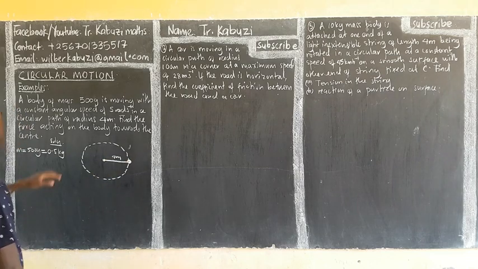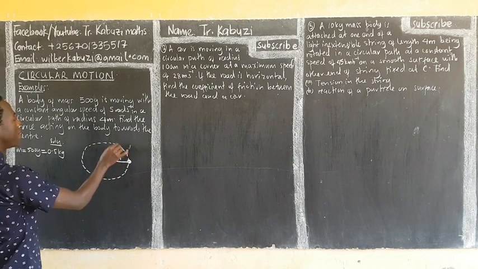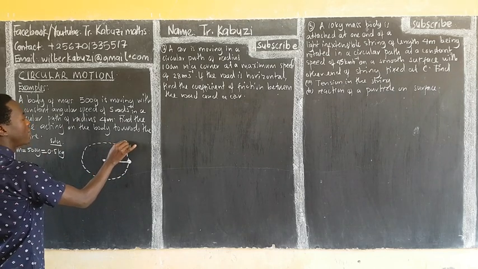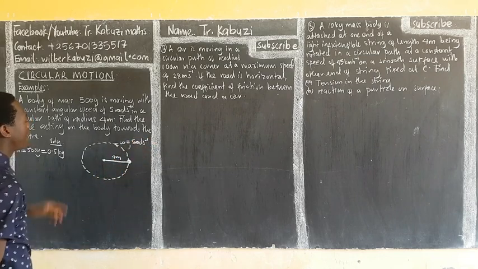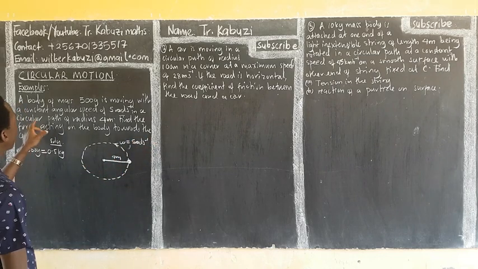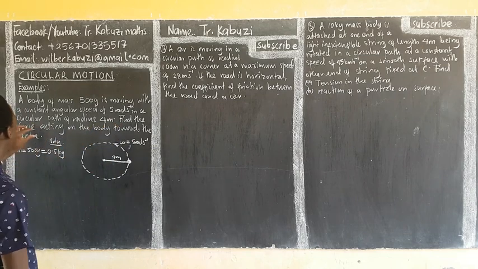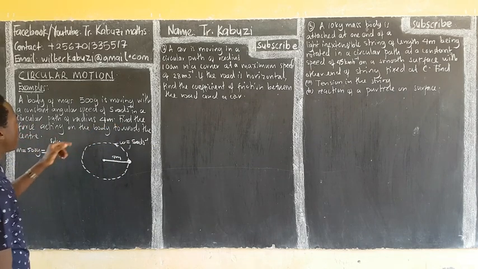Now they are giving us that it's moving at an angular speed of 5 rad per second. Now they want us to find the force acting on the body towards the center.